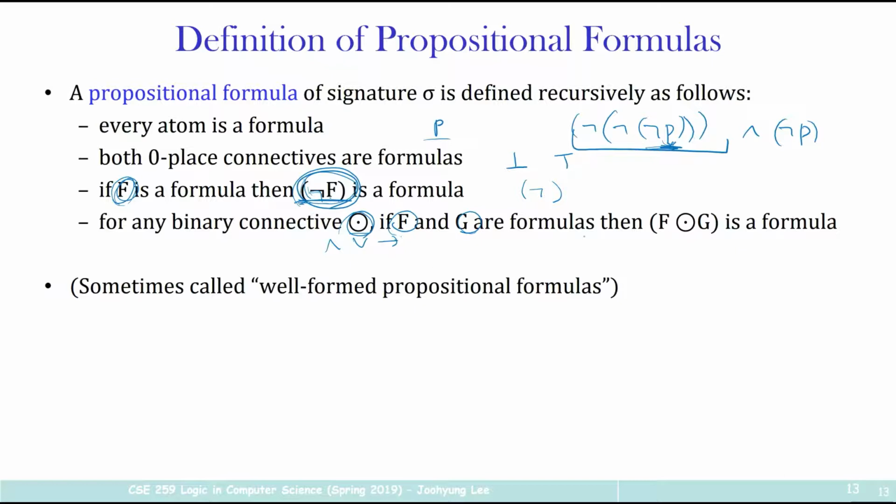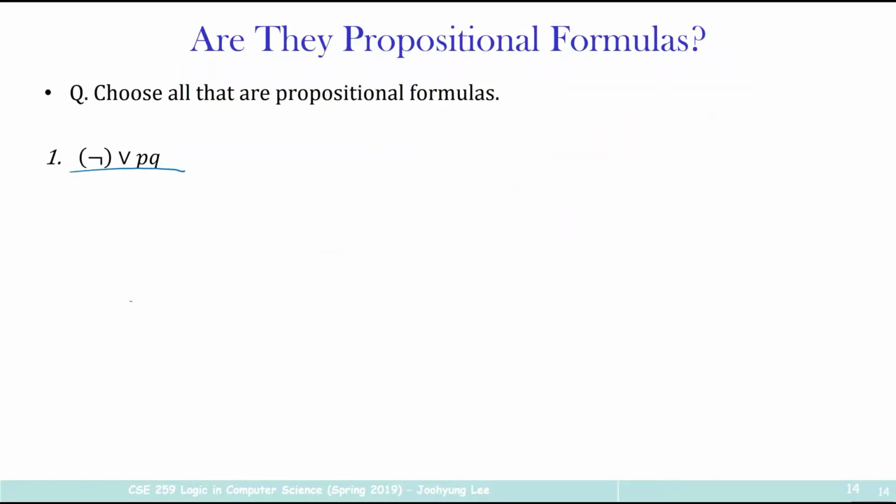Or it could start with an open parenthesis followed by something and then followed by a binary connective. Now if you look at this one, it doesn't match the patterns of the first 2, because the first 2 cases, atom or zero-place connectives, do not have parentheses. So it could be either the 3rd case or the 4th case.